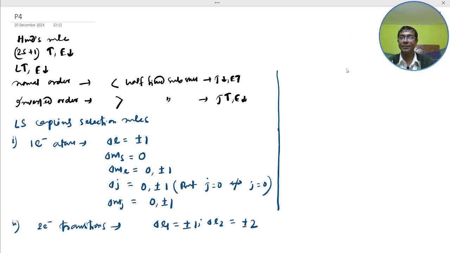And the another one is for many electron atoms.